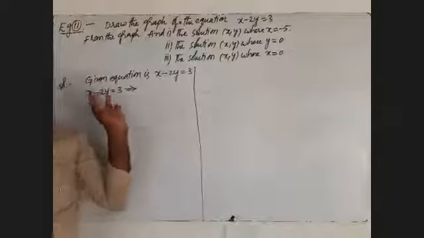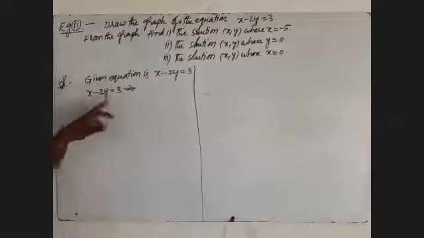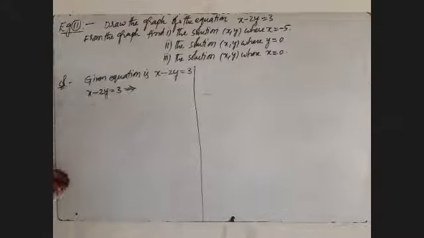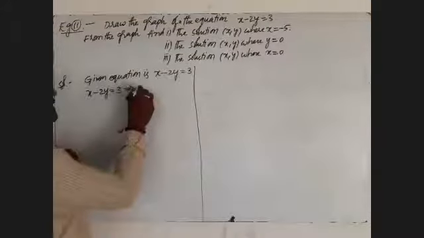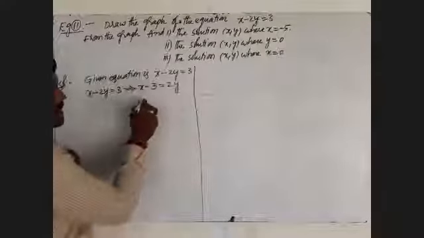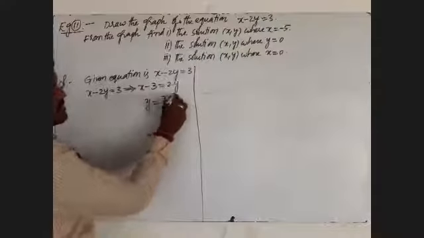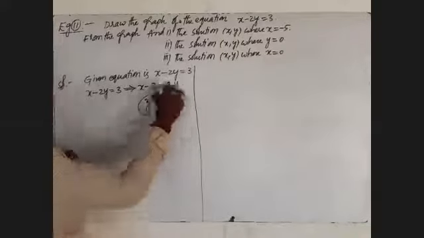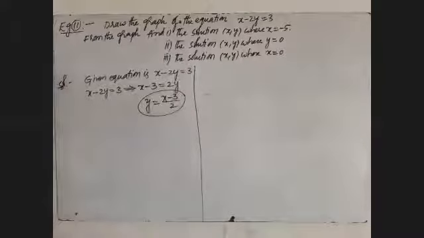Minus 2y will move to that side, and plus 3 will move to this side, so I write minus 3. x minus 3 is equal to 2y. After that, y is equal to (x minus 3) by 2. This is the value of y. After that, we take the ordered pair (x, y).